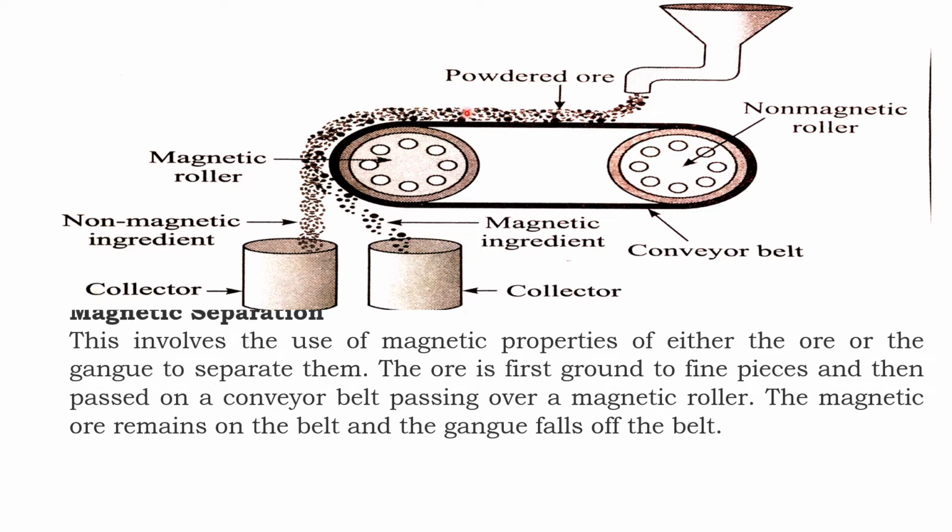If the ore particle is having magnetic attraction, it will be attracted and fall on this collector. If the impurity is the non-magnetic material, it will directly fall on this collector, so that we could separate the non-magnetic impurity and the magnetic ore particle. That is the process of magnetic separation.